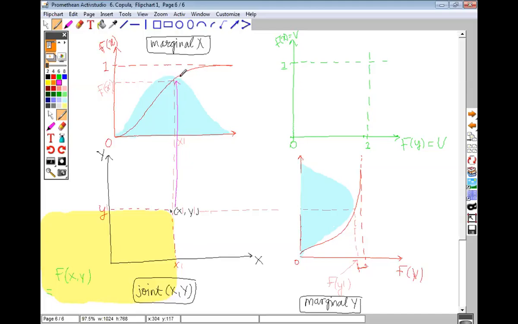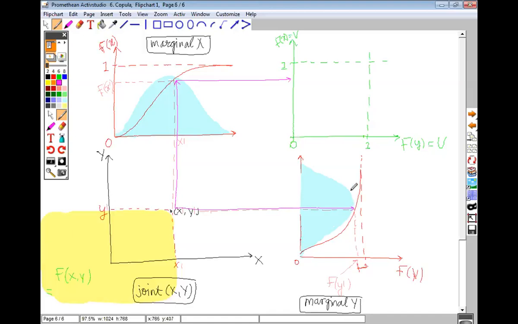Then using this F of x, I can project it onto this axis and figure out a number between 0 and 1, which would follow the same properties as this axis would have. I will do the same thing for my y as well. So I'm going to take this axis and oops, it's not going to end there. I'm going to take this and it will go up until here to give me the value of my CDF.